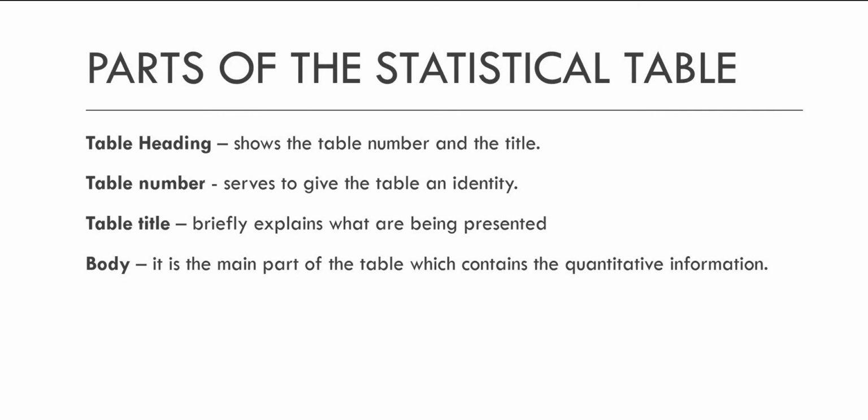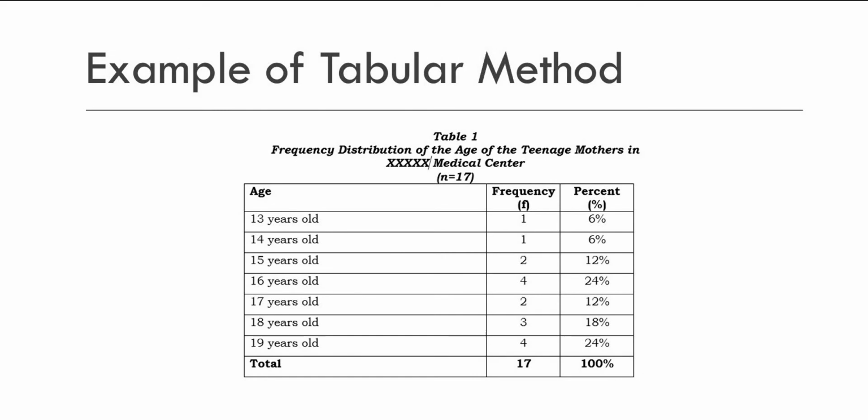Okay? So, there also has the table number to give the table identity, the table title, which explains briefly what is being presented, and of course, the body or the quantitative informations na nakalap ninyo, na nasummarize ninyo. So, this is an example of a tabular method.